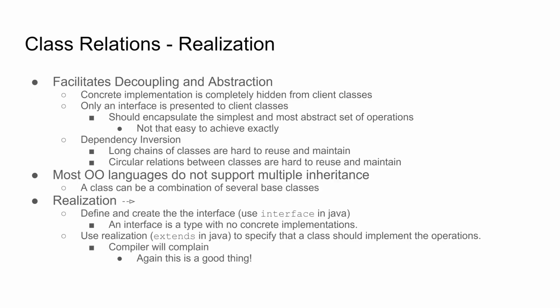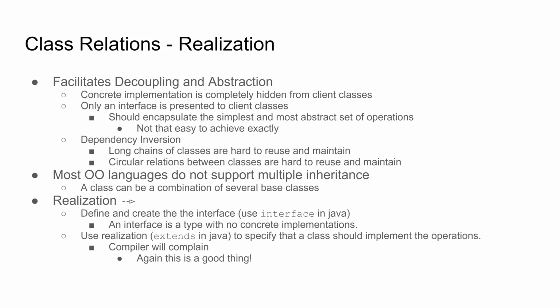The final type of relation between classes we have is the realization relationship. And this is abstract classes taken to the extreme. So we have some class that is completely abstract. It does not provide any type of implementation in its code.